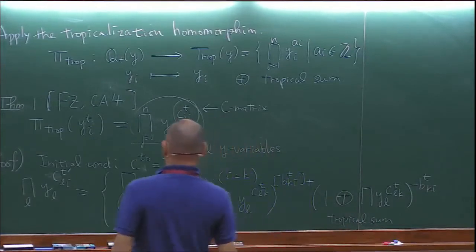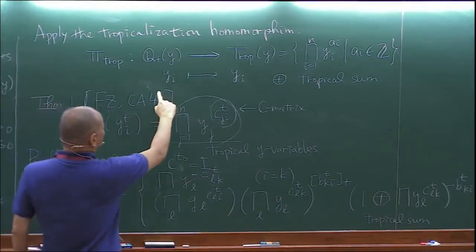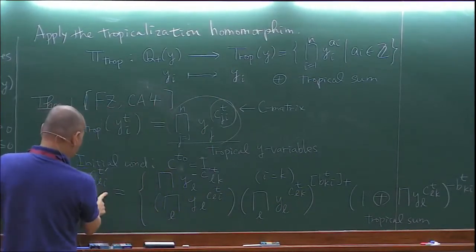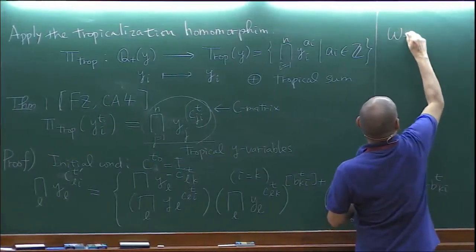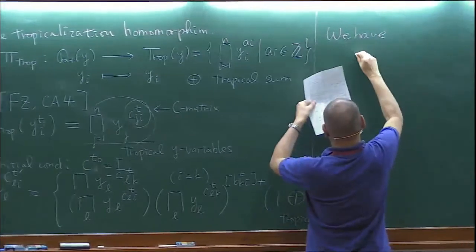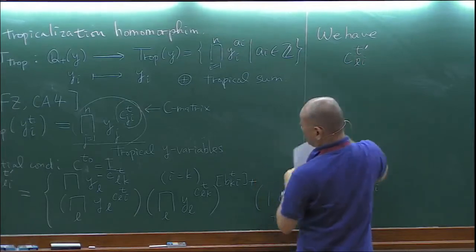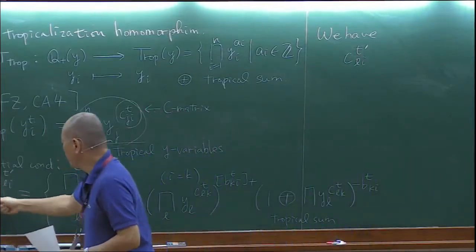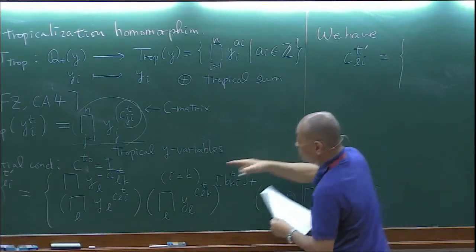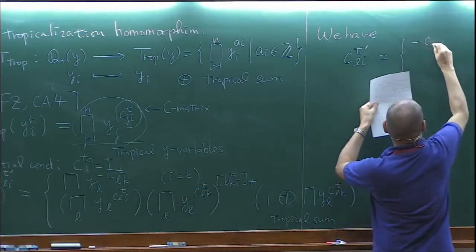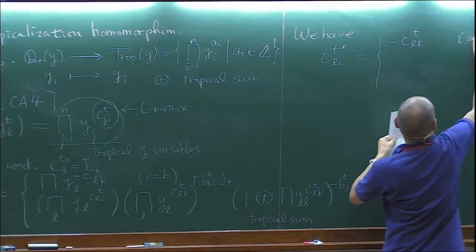Let's digest this. Because this formula exists, it should be satisfied under the evaluation, the specialization. So you compare, we have the following formula, C prime_{LI}. Just compare the power of the variable y_0. From the first one we get minus C_{LK}^T when i is k.